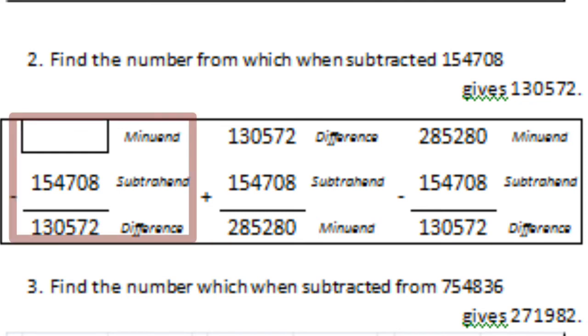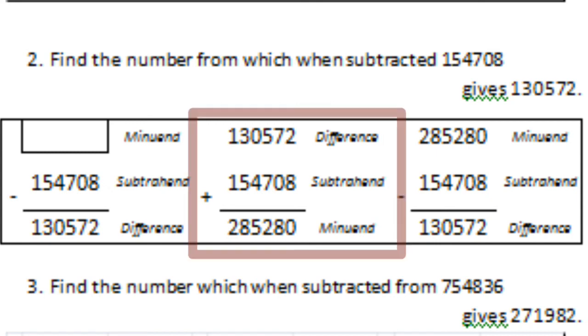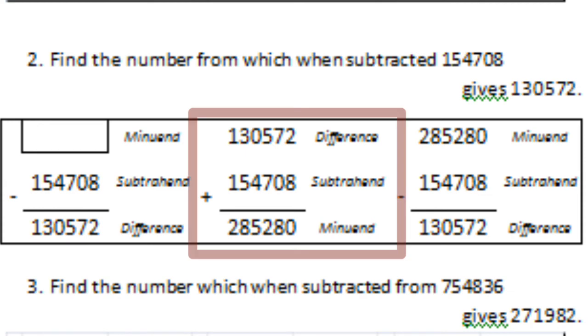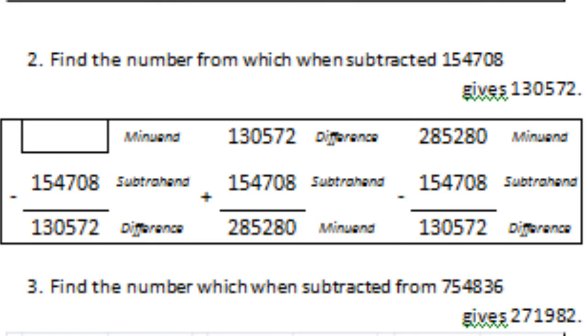Find the number from which when 1,54,708 is subtracted it gives 1,30,572. Here the subtrahend is 1,54,708 and the difference is 1,30,572. To get the minuend we have to add the difference and the subtrahend.